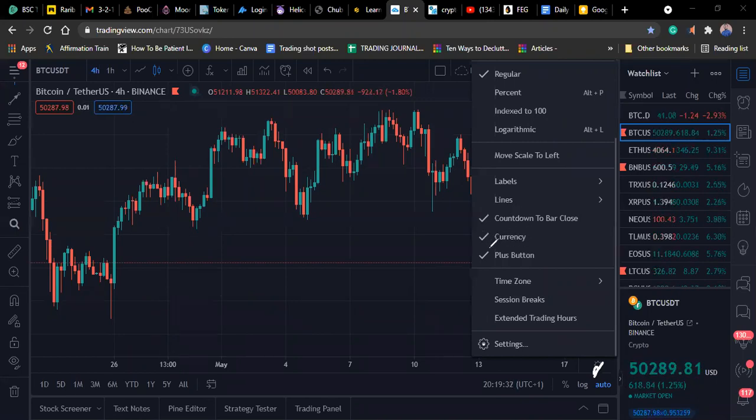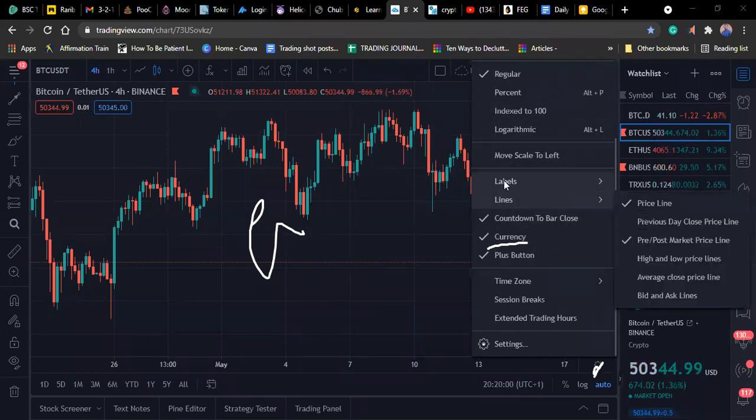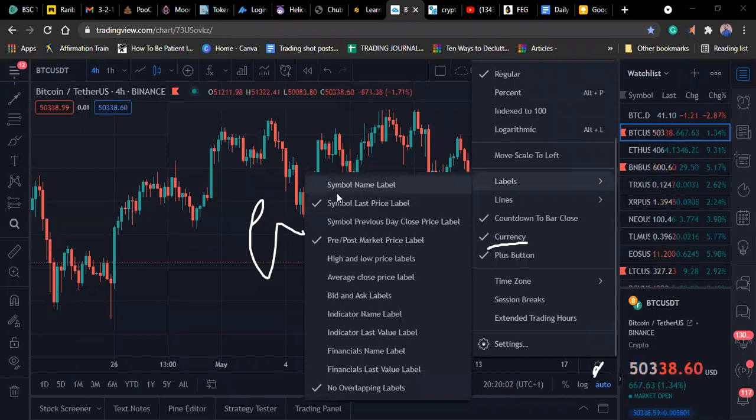You can edit this, it shows the currency, it shows the pair you're trading. If you click on that, you will see it at the background here. Then different session breaks. Then you can also change the colors of your candlesticks. You can add all these different features. You just play with them and see the one that suits you.